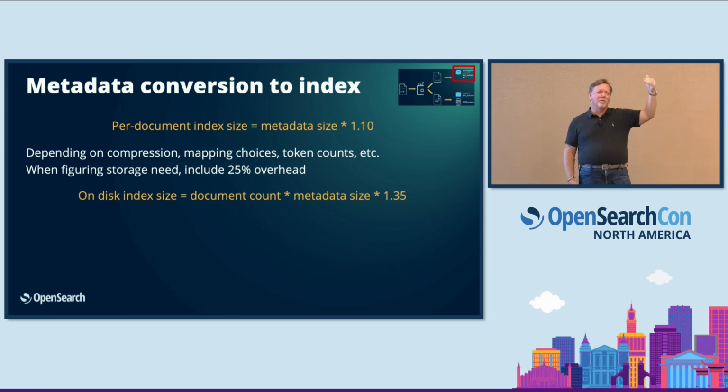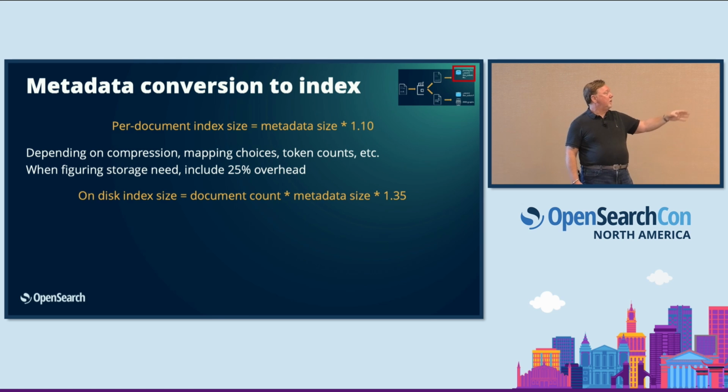Beyond 90%, it will start to move shards, and at 100%, it will stop accepting requests. So you always need at least 15% overhead, and we recommend 25% overhead in terms of free space. So when we're calculating the size of the index we're going to create, we add in that 25% as well.